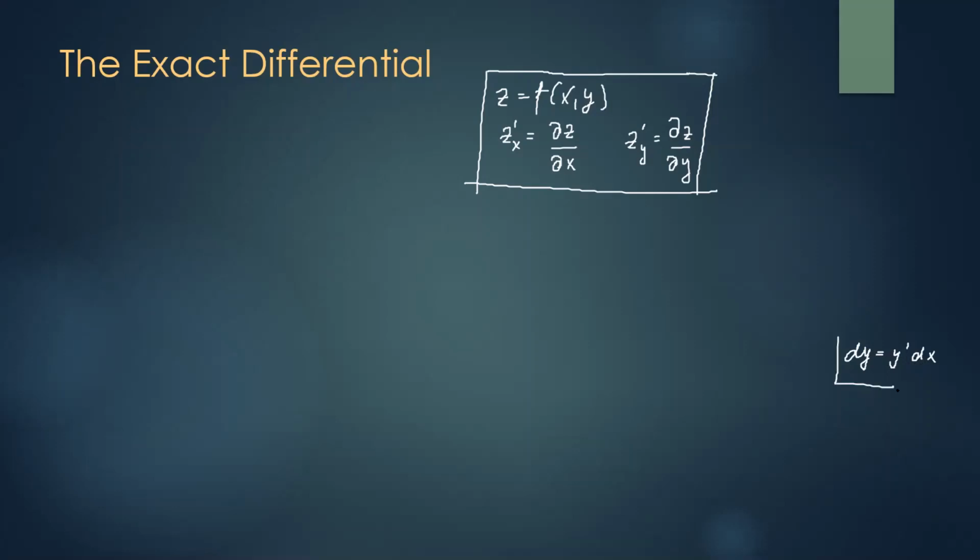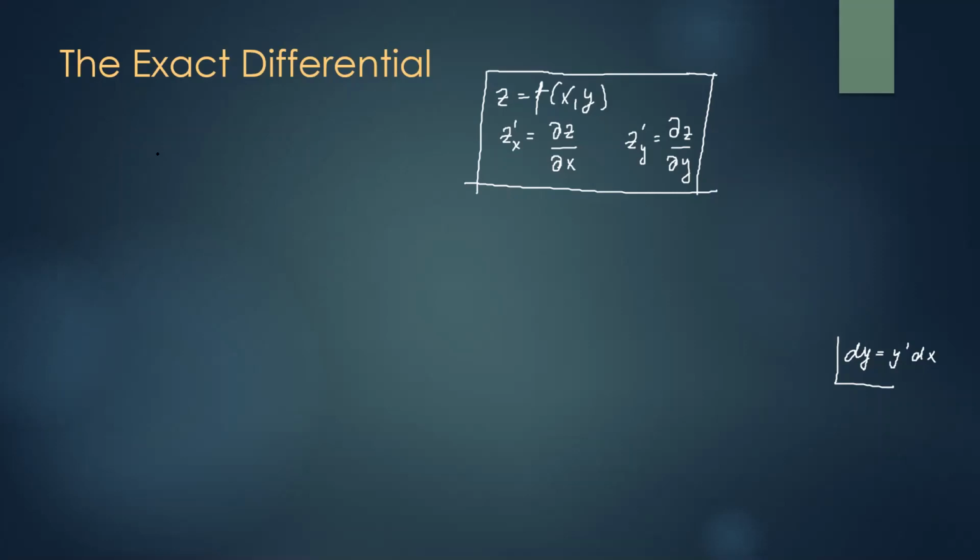However, now we have a function of two variables. Now we can ask, is there such a thing as a partial differential? Why do I write exact differential? Sometimes it's also called the total differential, the full differential, the complete differential. That is because we are taking the exact differential, the total change of the function.